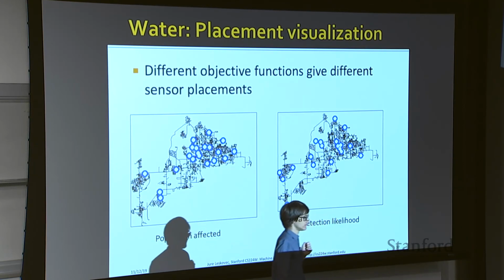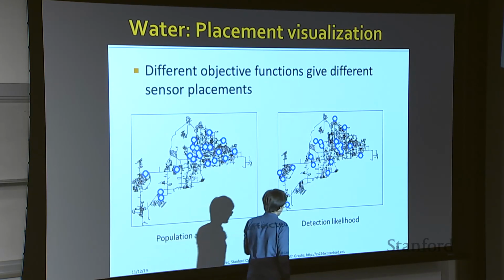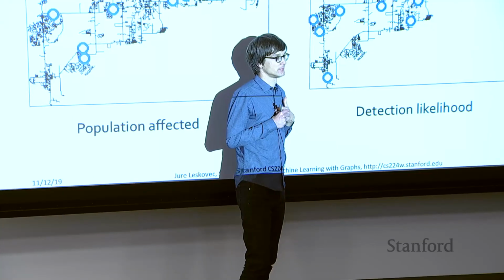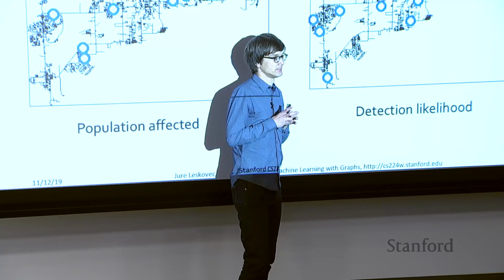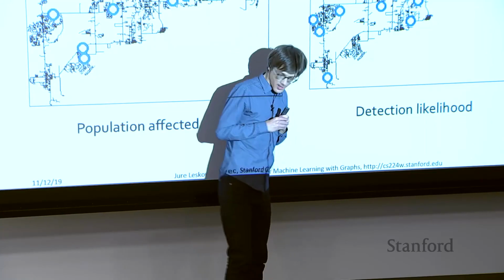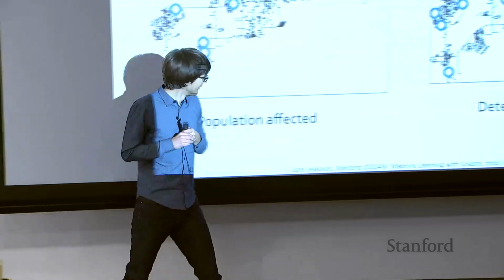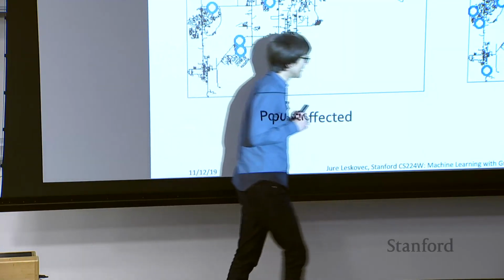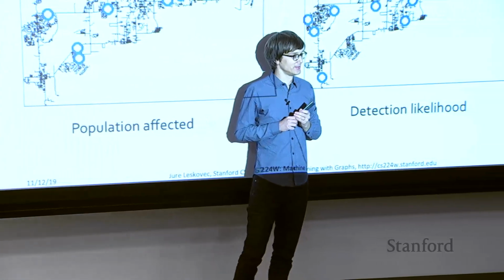Yes? Our detection likelihood payoff function gave us no penalty for the time at which we detected it. And correct. So in this real-world example, is that really particularly useful? Because we essentially just put them at the most downstream locations, and then 15 days later we finally see it, but only after it has affected most people, right? Completely good and valid argument you're making. I agree. You should talk to EPA.